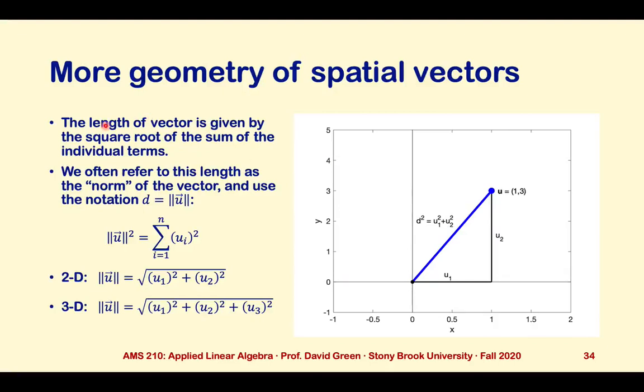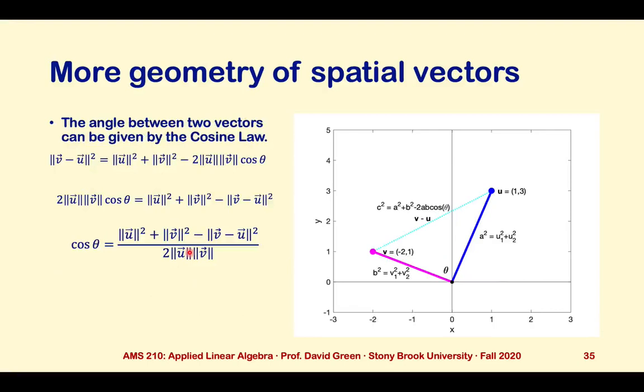This length is often referred to as the norm of a vector, or sometimes more specifically the 2-norm or the Euclidean norm, but norm generally suffices without too much confusion. The notation we use is 2 vertical bars on either side of the vector. So double bar u, double bar means the norm of the vector u, and so on. Right?